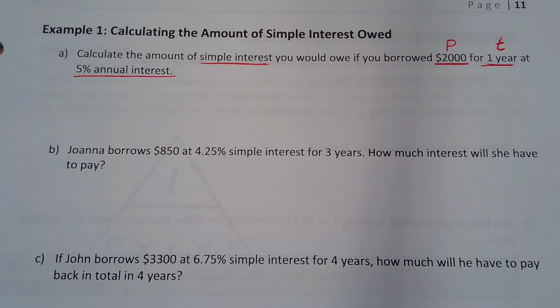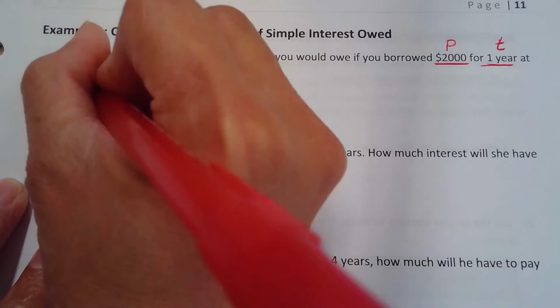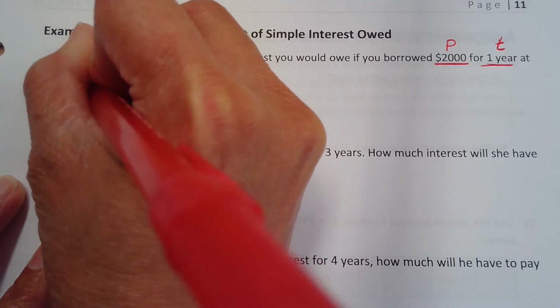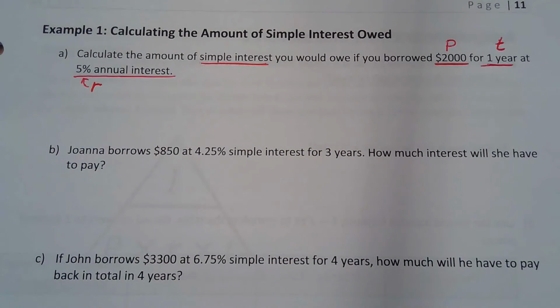But we know interest rate is a percent, right? So we're going to highlight that, underline it, and we call it R. So that's the R. Good.